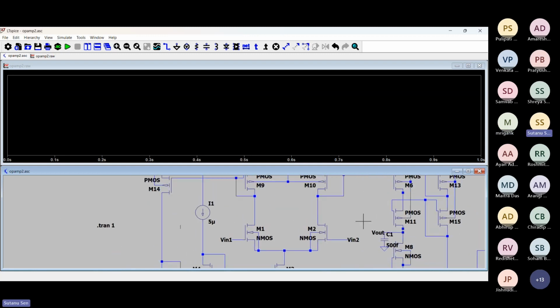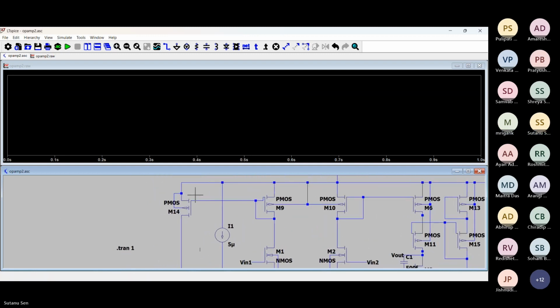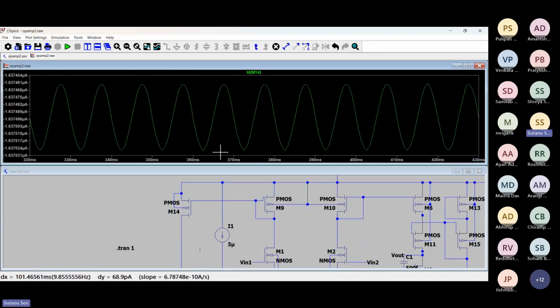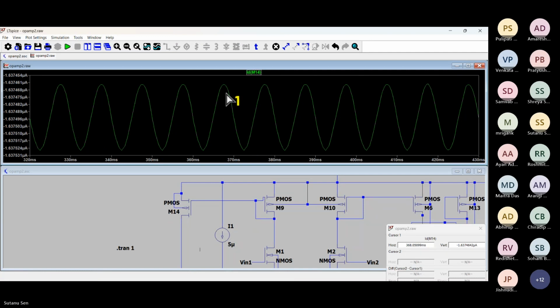Sir, you said drain current of M14? Yes. And for the PMOS, you can look at the source also. Peak to peak value.